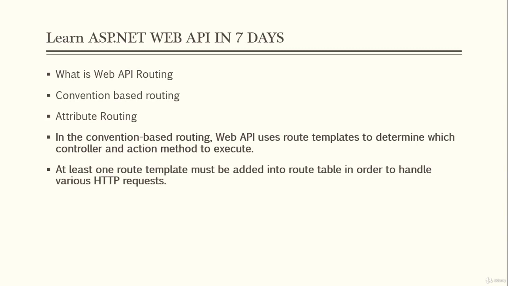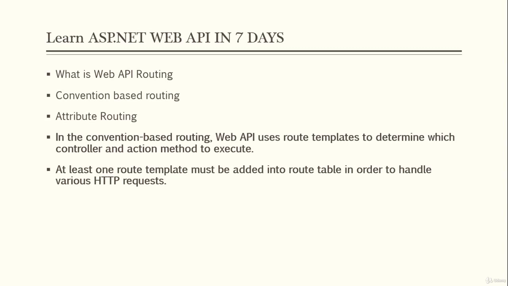In this type of routing, Web API uses at least one route template, and that route template is placed in the route table, and the API calls are handled according to the template defined there.